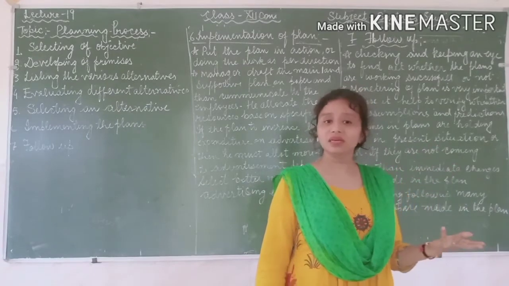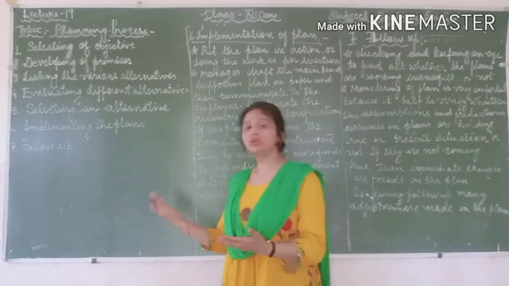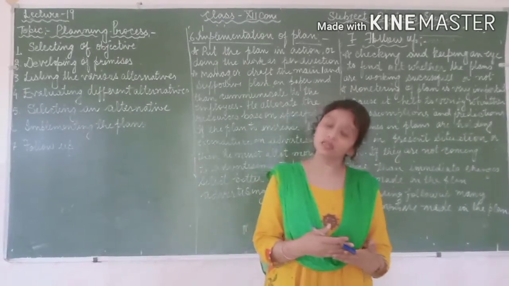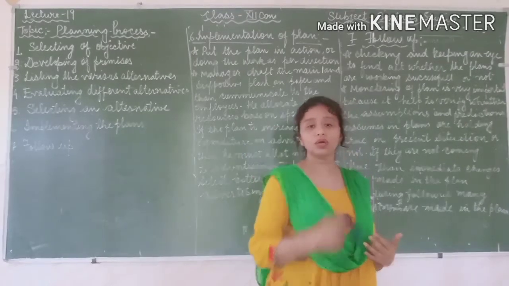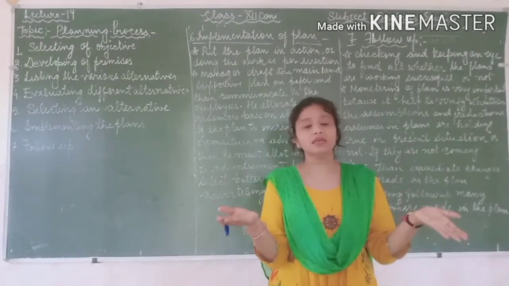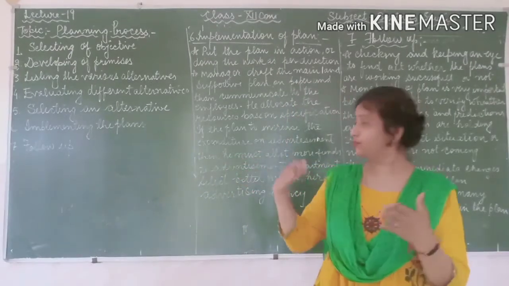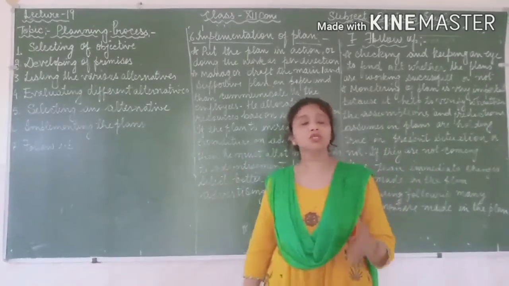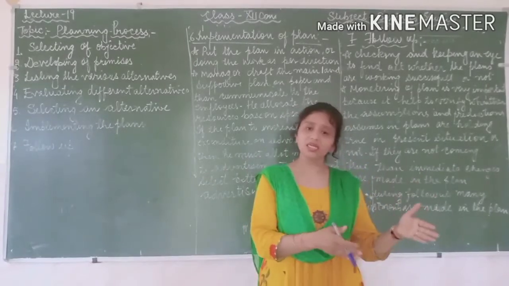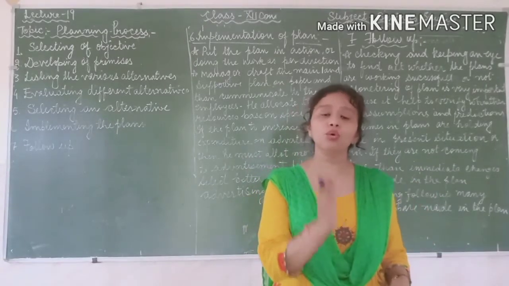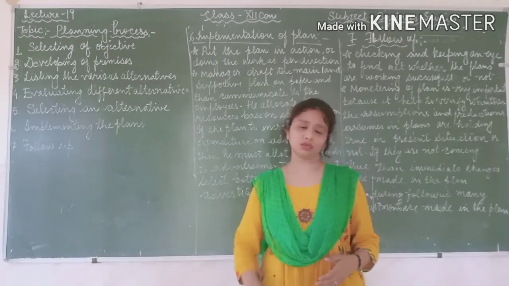It may be increased by recruiting more sale executives who can go door to door for the sale. It may be increased by increasing the expenditure on advertisement. So there are so many alternatives, but the manager must know what should be the best alternative.